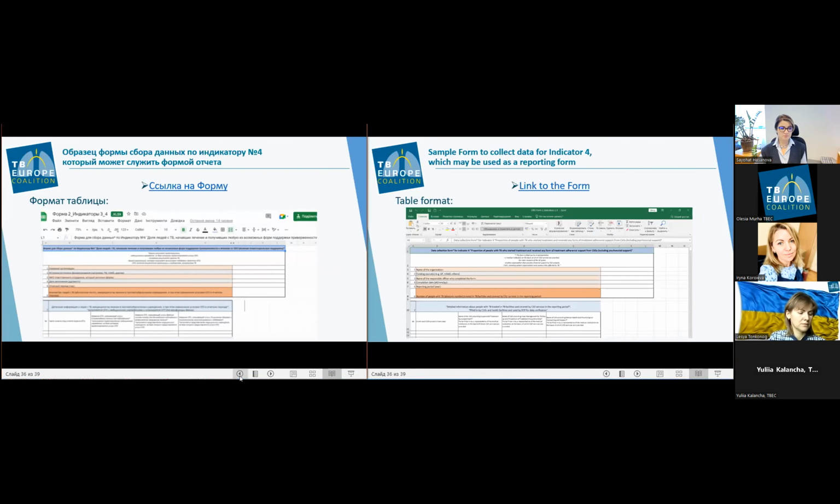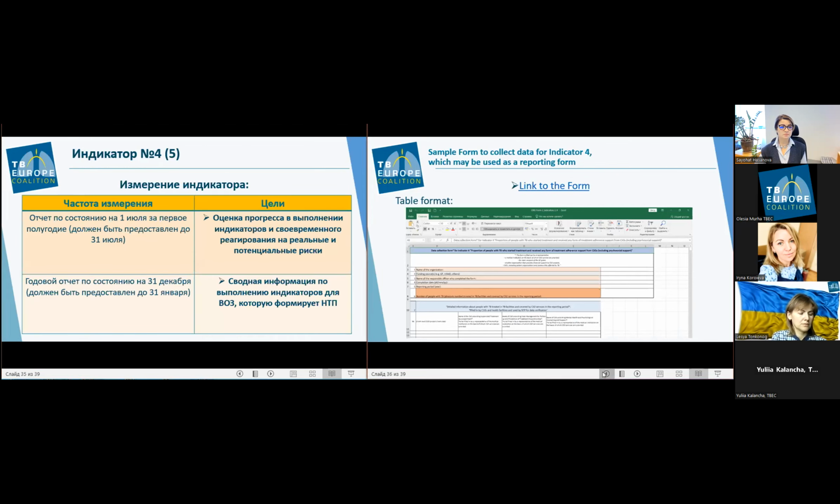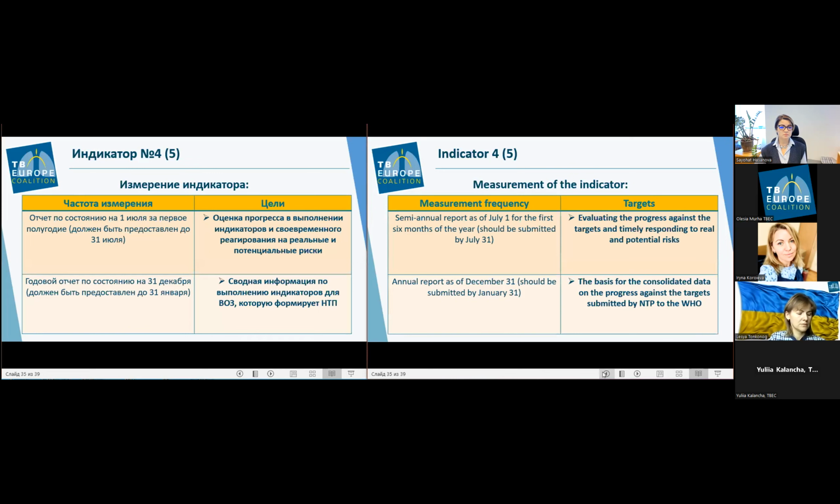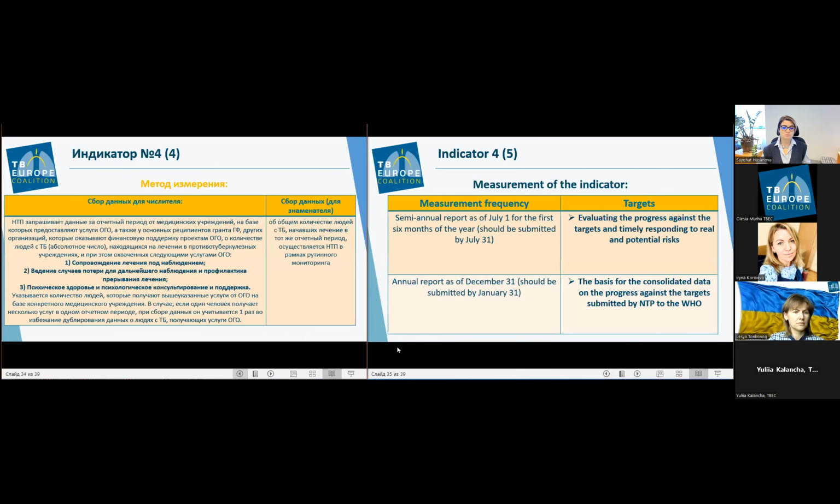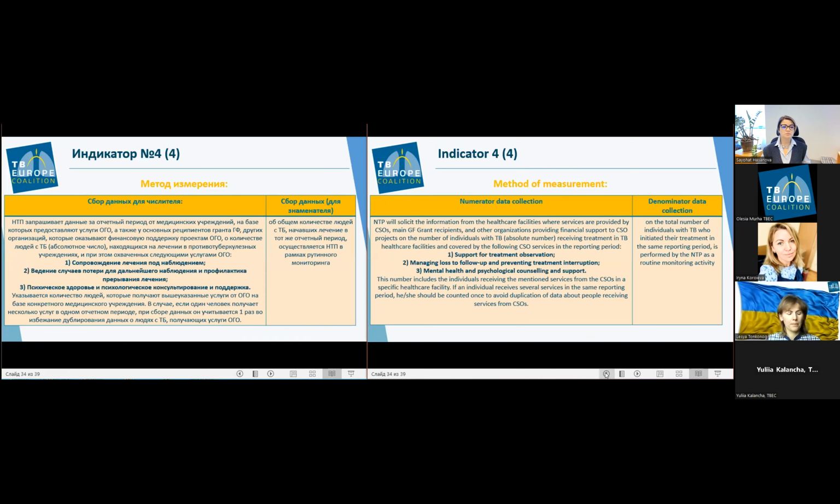Well, it is clear, and I will try to answer this question. It is assumed that this data is also filled in by CSOs. At the beginning, we said that we merge these approaches here. This may be information that is based on the facilities that provide the services, and also CSOs fill in this form.